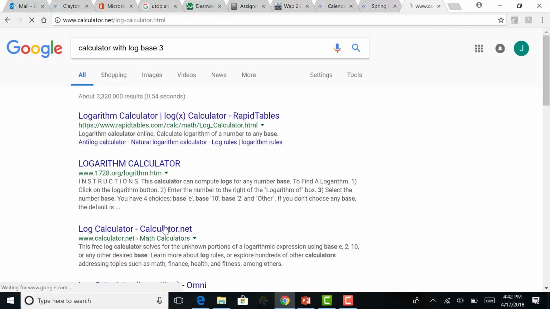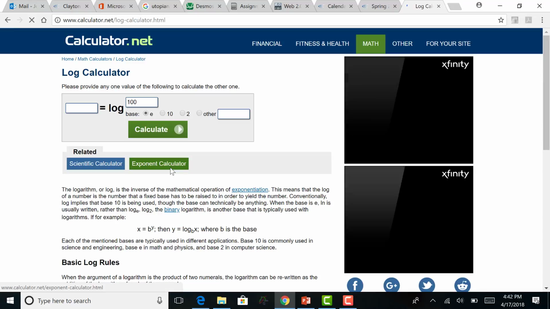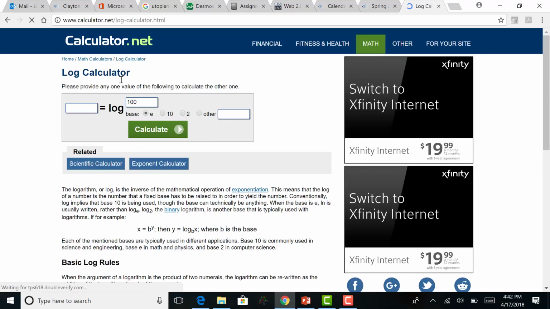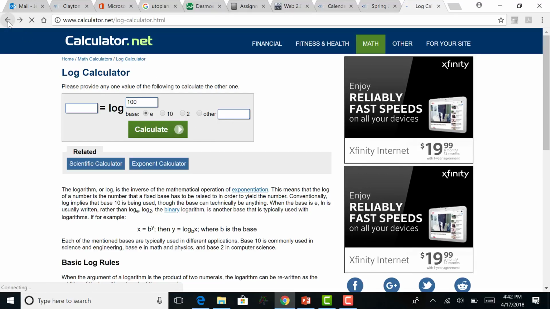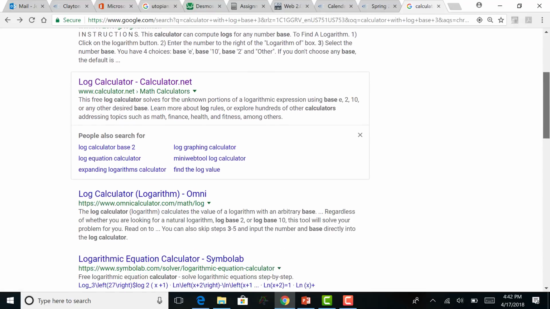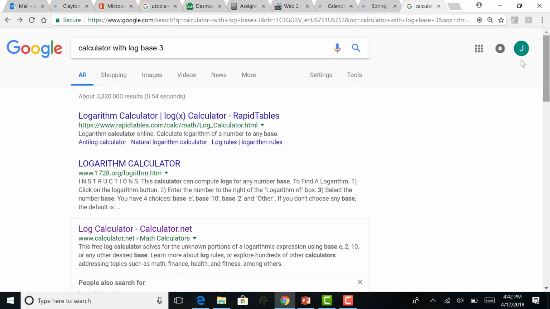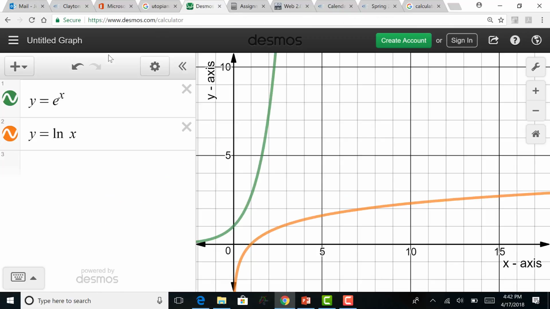Let me see, log calculator, let me see what this one does. That's base 2. I want to use a different base other than 2. Nope, that one's not it.